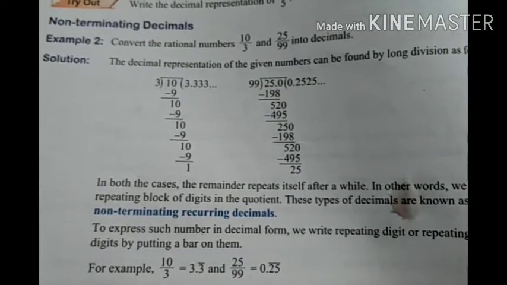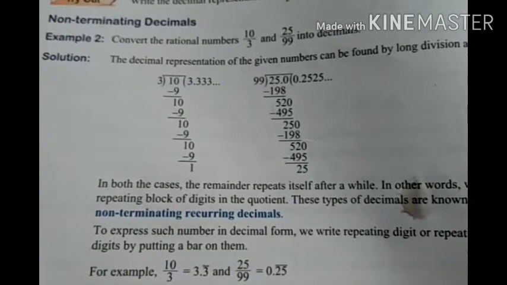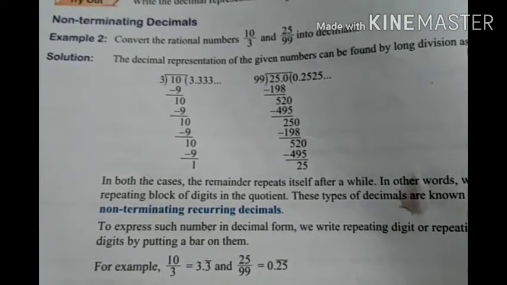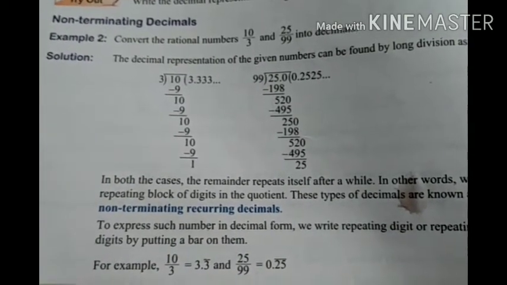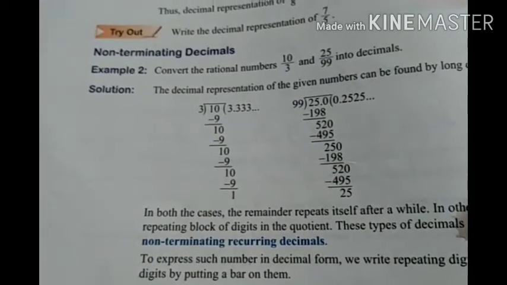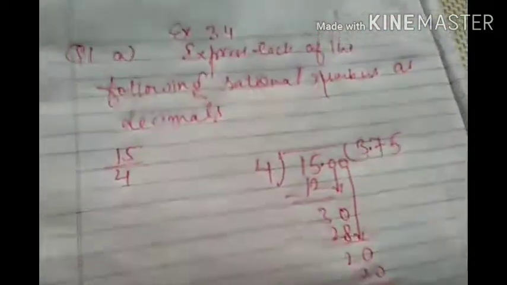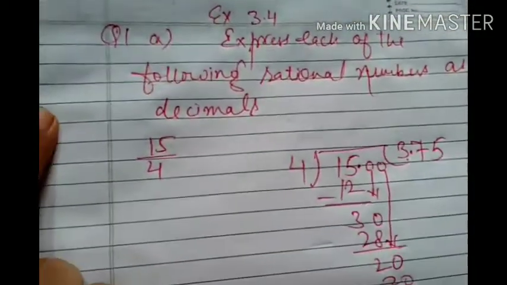Means 25 is being repeated after the decimal, so we put a bar above 25. In this way we get terminating and non-terminating decimals.